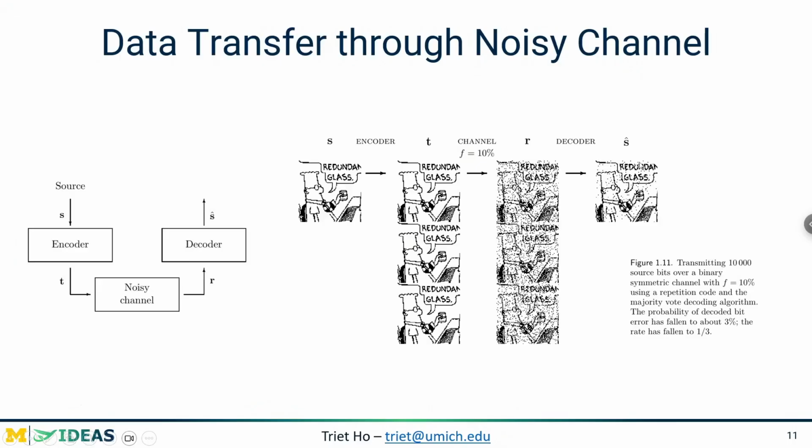Then we get the less noisy picture. So the encoder encodes the original dimension to 3 times the original dimension, you run it through the noisy channel, and then the decoder decodes the 3 times dimension back to the original dimension. So here you can see the middle is higher dimension.